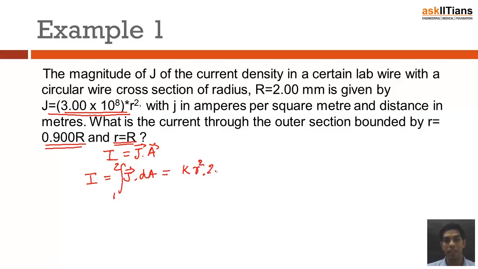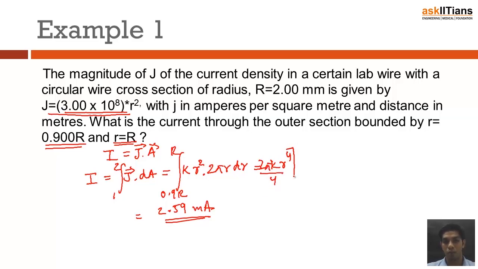The differential area is 2πr dr. If we integrate it from 0.9R to R, the integration gives us K r^4, with 2π outside, divided by 4. If we substitute the limits, first and second, we end up with 2.59 milliampere.